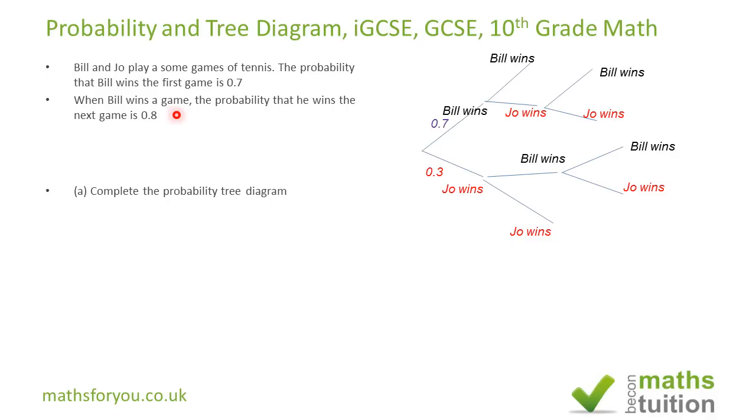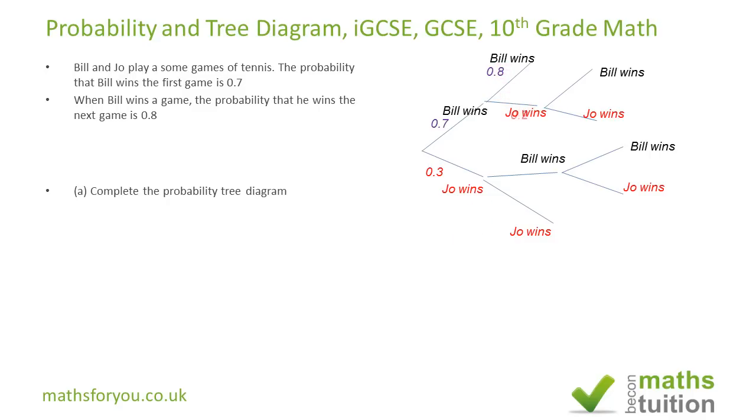Okay, right, and it then says when Bill wins a game, the probability that he wins the next game is 0.8. Okay, let's have a look. Now, if Bill wins there, to win the second game requires a probability of 0.8. So that's 0.8 there. So if Bill wins with a probability of 0.8, it then means that Joe can win with a probability of 0.2.